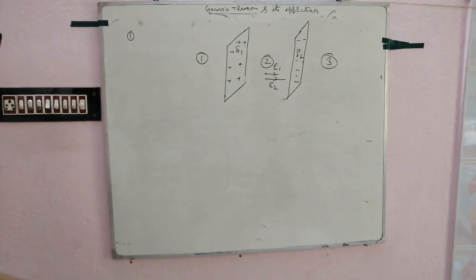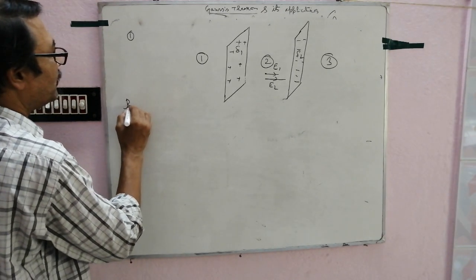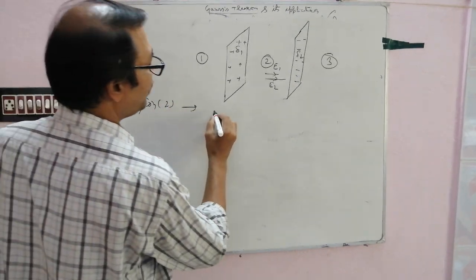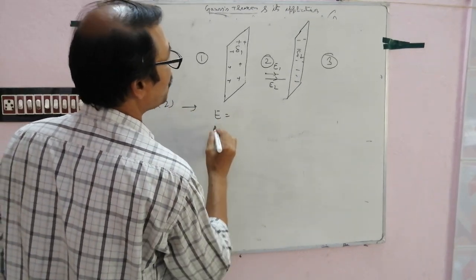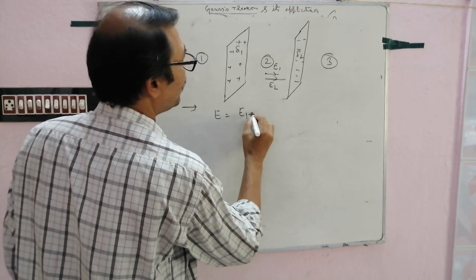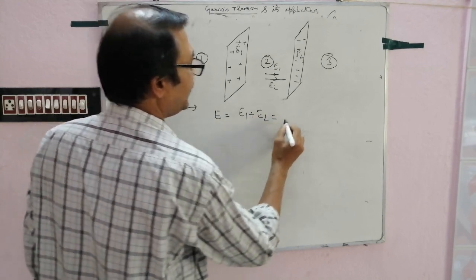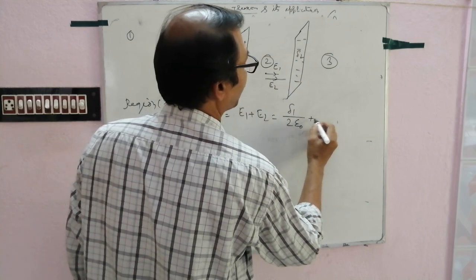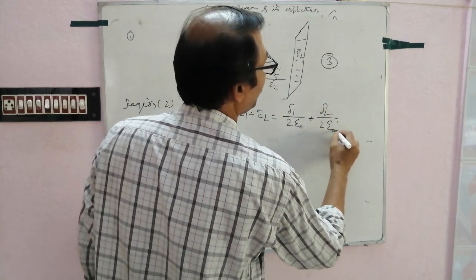So in region 2, the total field E equals E1 plus E2, that is sigma 1 by 2 epsilon naught plus sigma 2 by 2 epsilon naught.